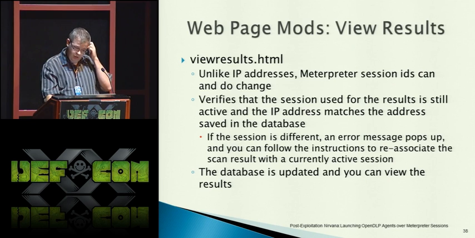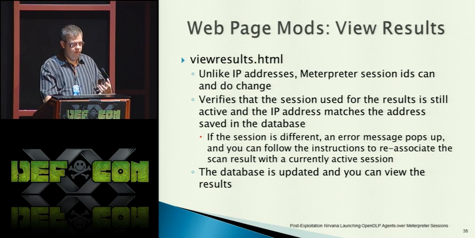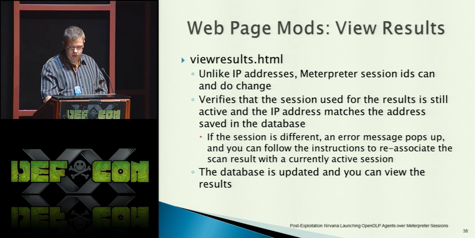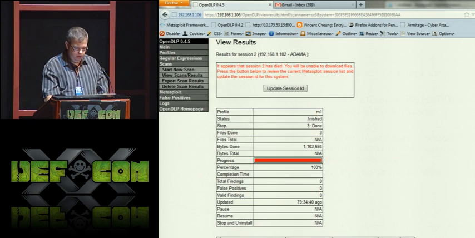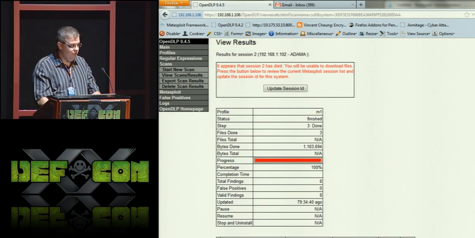So I created a page here that in view results, it checks to see if the session is currently active, and if it is, if the IP address matches. If neither of those conditions are met, it'll give you a little warning message and a button that will allow you to update. I can show you here. See, the session IDs are mismatched.